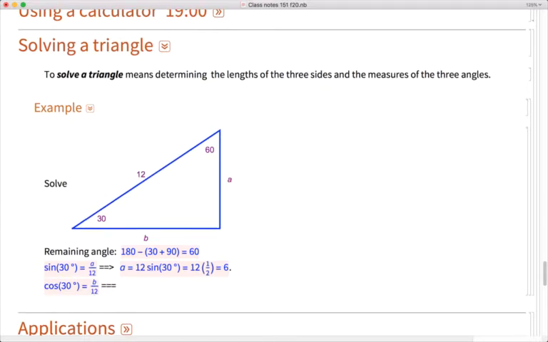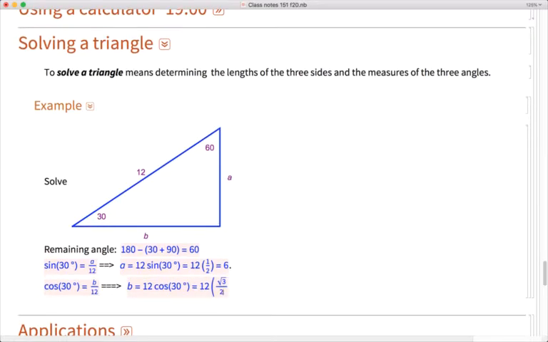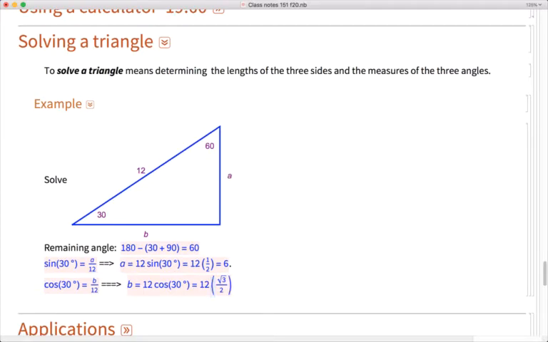Once again, just quickly multiply through by 12, and we get that B is 12 cosine of 30, and this was the root 3 over 2 value for cosine of 30. I guess both of these could be simplified a little bit. This is 6 root 3 after we cancel.